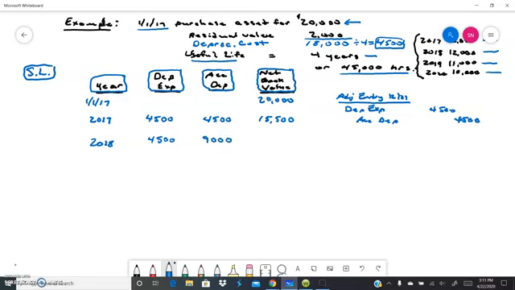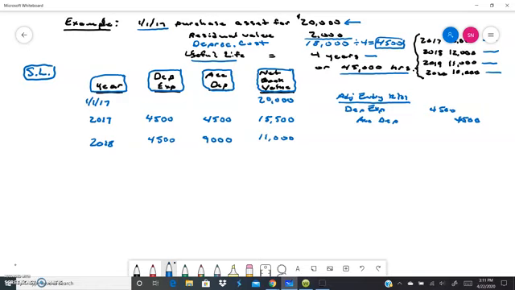So our total balance in that account now is going to be $9,000. So it's going to be the amount from 2017 plus the amount from 2018. Now our net book value would be $20,000 minus the accumulated depreciation balance of 9. So our net book value now would be $11,000. That's what would show up on our balance sheet.